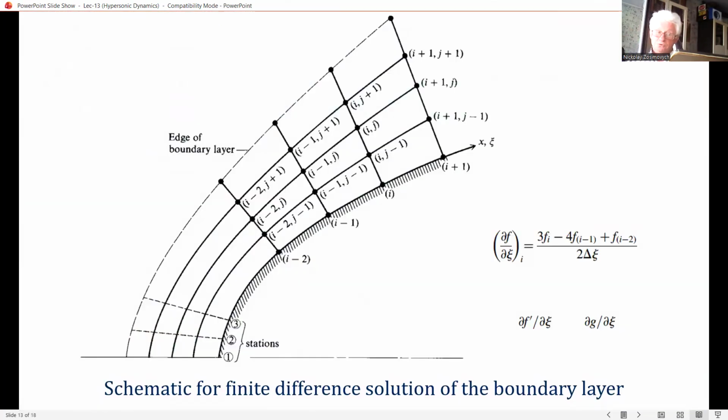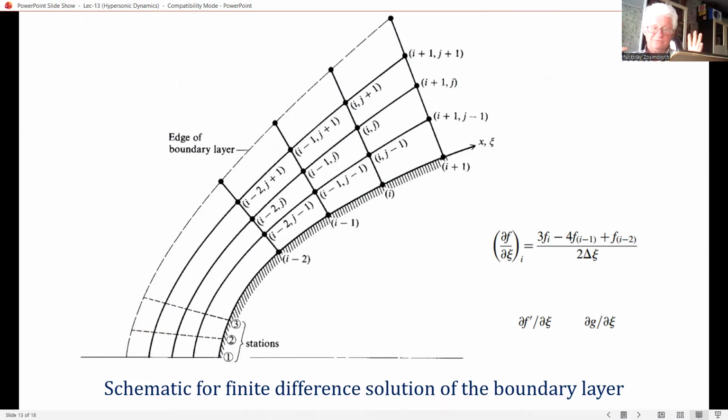So assume that we wish to calculate the boundary layer at station I+1, as you can see here. The general philosophy of finite difference approaches is to evaluate the governing partial differential equation at a given grid point by replacing the derivatives by finite difference quotients at that point.